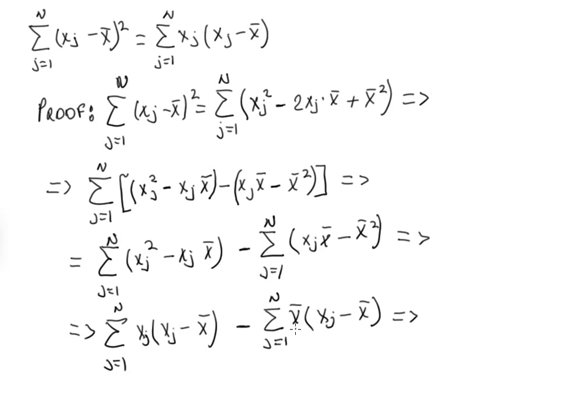Now notice that this is a constant here, so it can be factored outside the summation operator. X bar is basically a sample mean, a number. So let's do that very quickly. Clean this. I'm saving on time and space here.